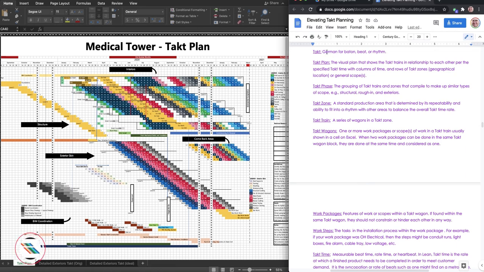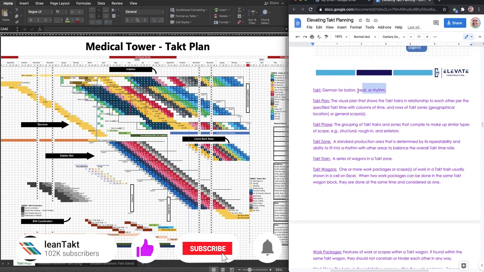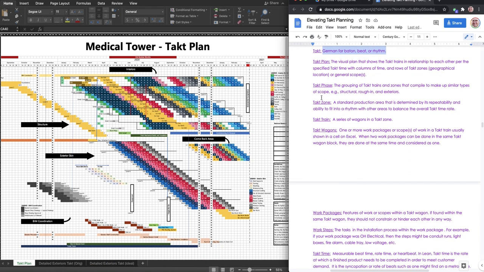So takt is the German word for rhythm or for baton. And it means beat or rhythm. It's an older word, and what it means is it's a time scale, like on a metronome. So on this time scale up here, you'll see March 2nd, March 9th. Basically, that's a 7-day increment. Now, since we don't work weekends in this takt plan, it's a 5-day takt time.